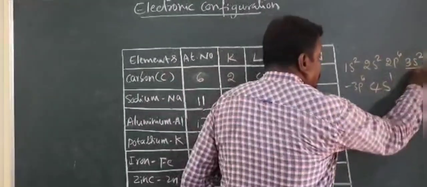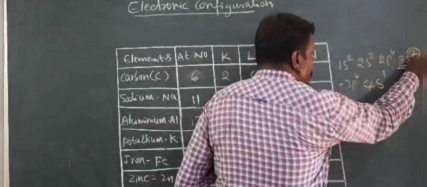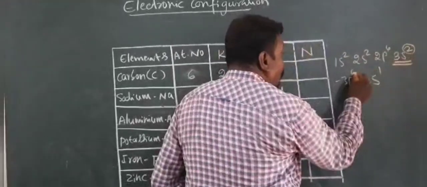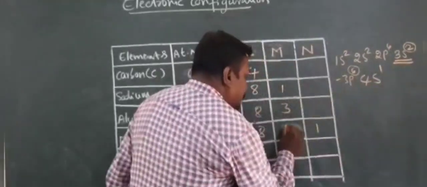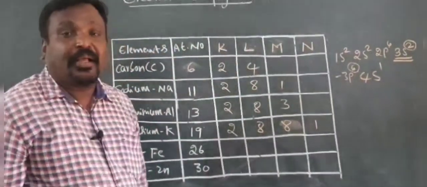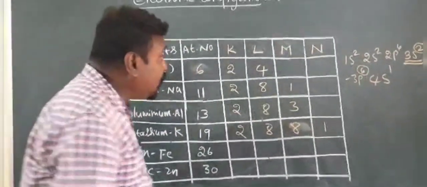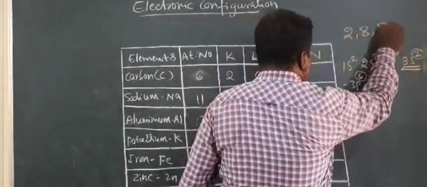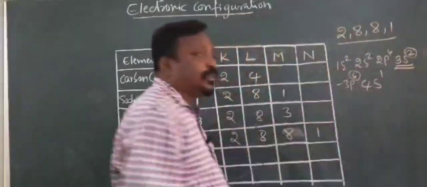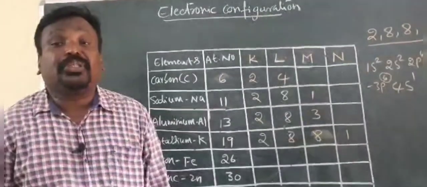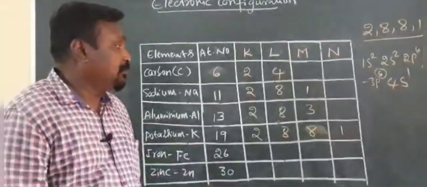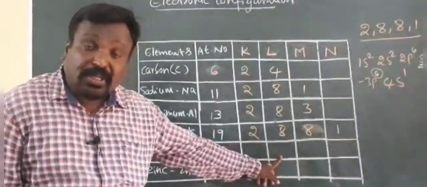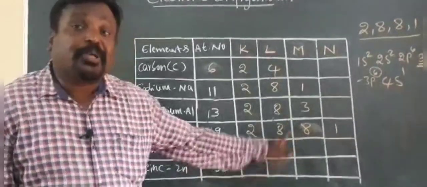This is the third shell, 3s2, there are 2 electrons, then 3p6, so 8. Now, the electronic configuration of potassium is 2, 8, 8, 1. This is how the electrons get arranged in potassium.